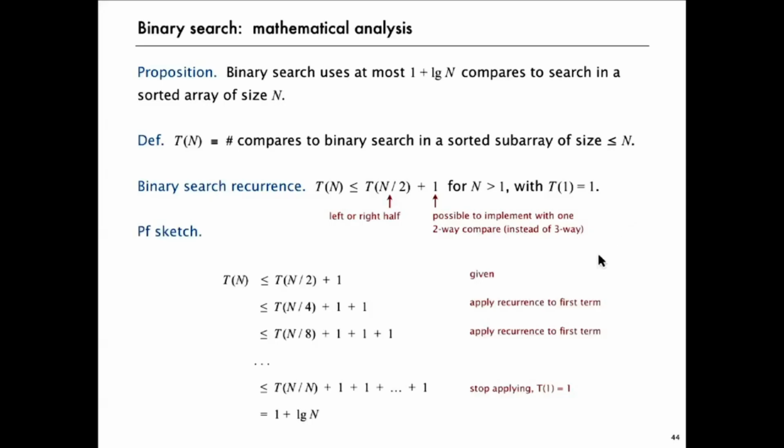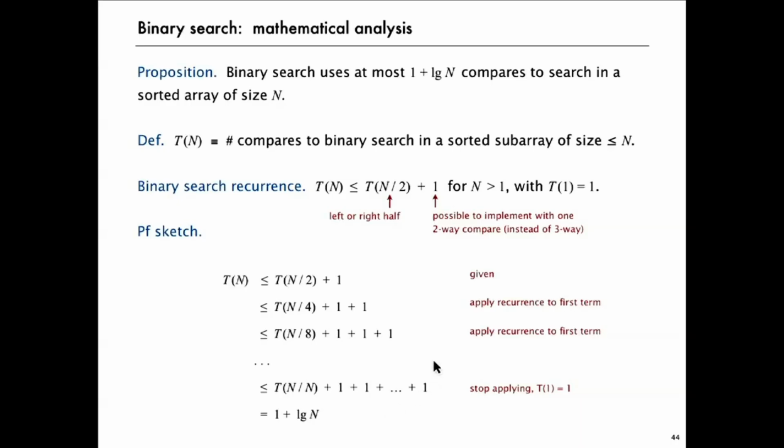And so we can go ahead and solve this recurrence by applying the recurrence itself to the first term on the right. That's called telescoping. So if this is true, then we can apply the same thing to T(n/2) and throw out another 1. And if this is true, we can apply the same thing to n/4 and throw out another 1, and so forth, until we get down to just 1, in which case we have log n 1s left. Now, this is a proof sketch.